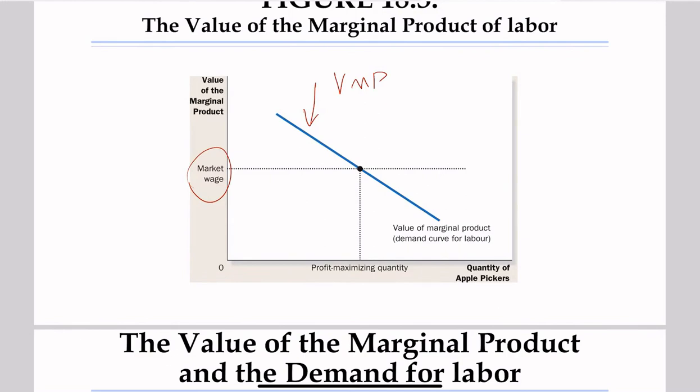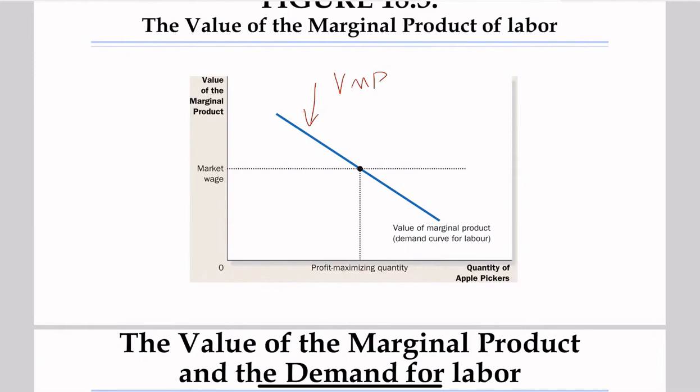That is the intersection between the market wage and the value of marginal product. So this will give us the optimal quantity of apple pickers. So you can see that the value of marginal product will tell us the firm's demand curve for labor.